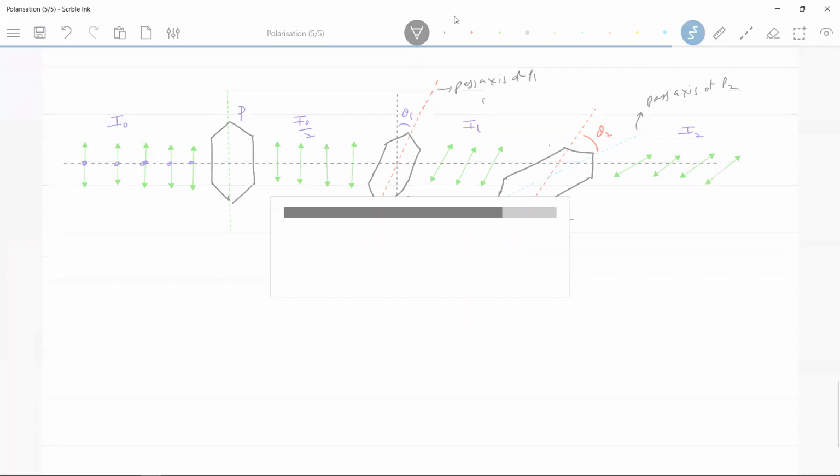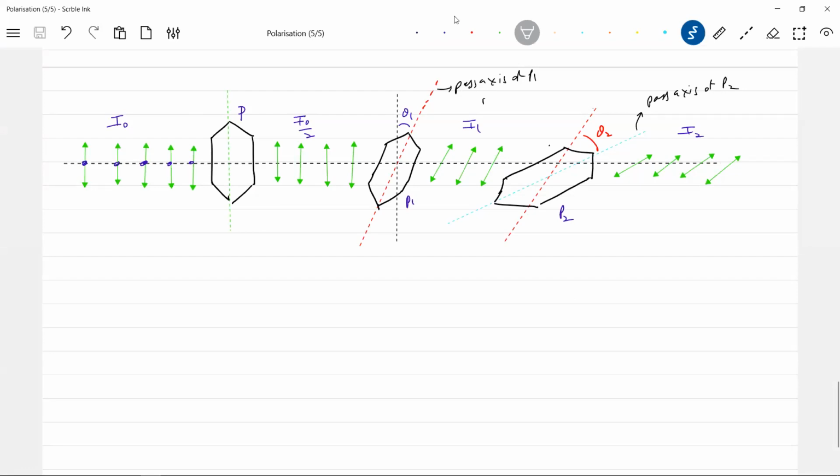What is I1? The equation for I1 should be equal to I naught by 2 cos square theta 1.